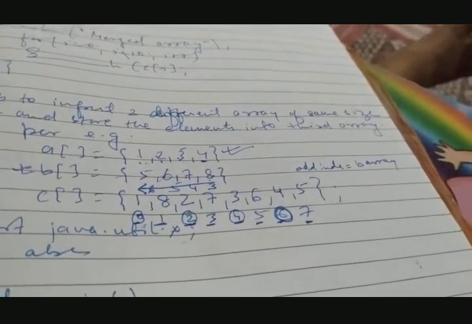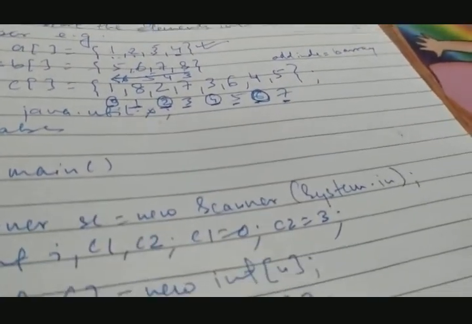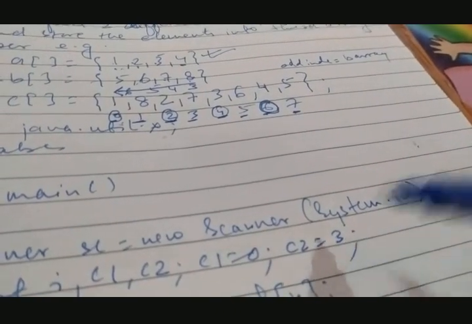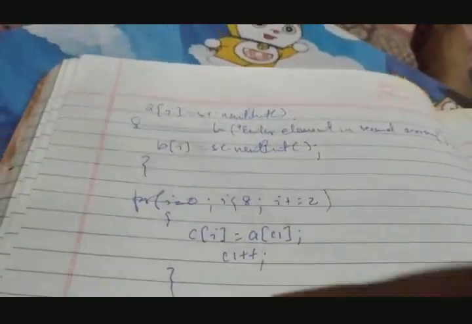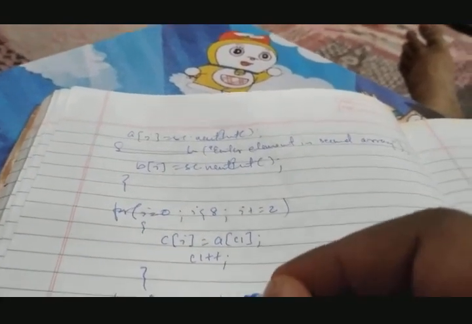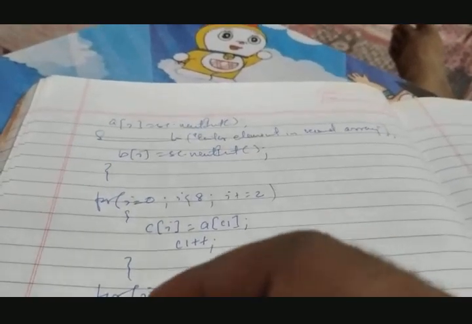So C2 equals to 3 or 4 minus 1, you can use it. And then we will gradually decrease the C2. So for I equals to 1, I less than 8, I plus equals to 2.